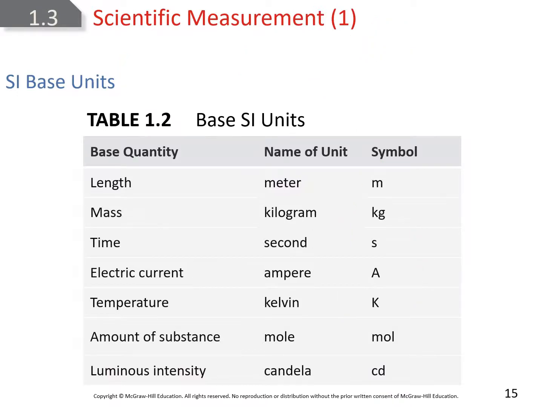So here we're going to be measuring length in terms of meters, mass in terms of kilograms, electric current in terms of amperes, time in seconds, amount of a substance, that's going to be a mole, we'll learn about that later, and luminous intensity is the candela or cd.